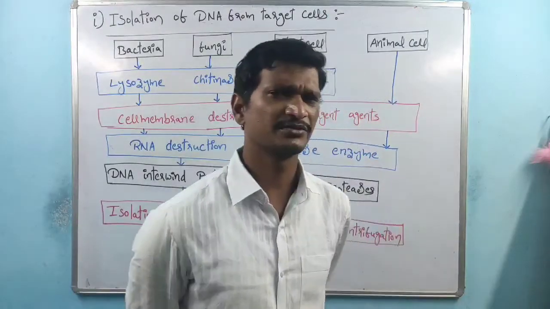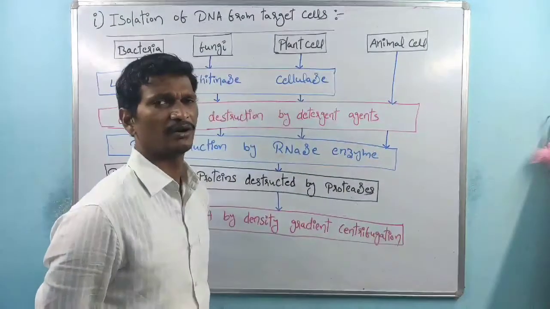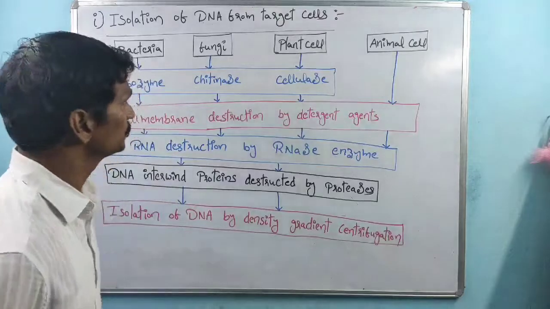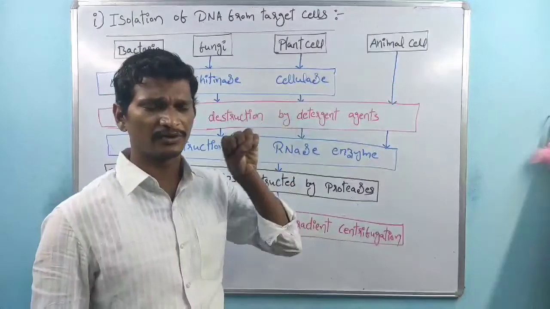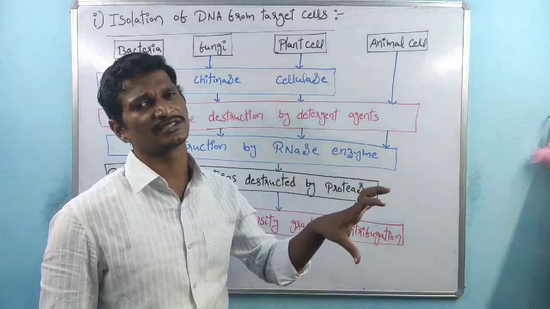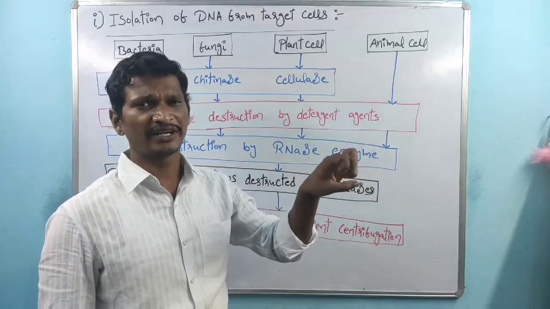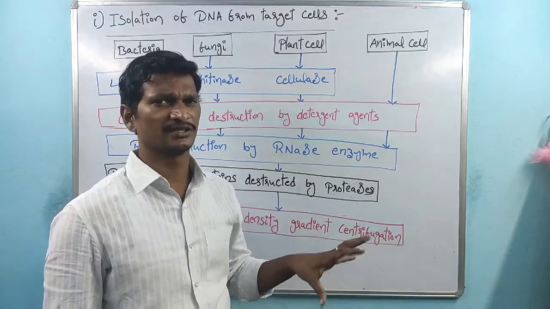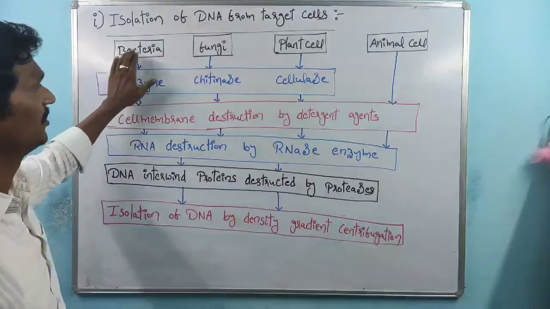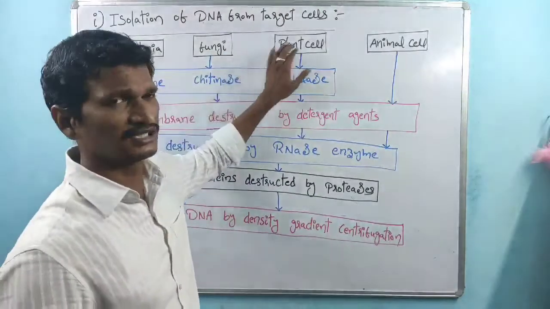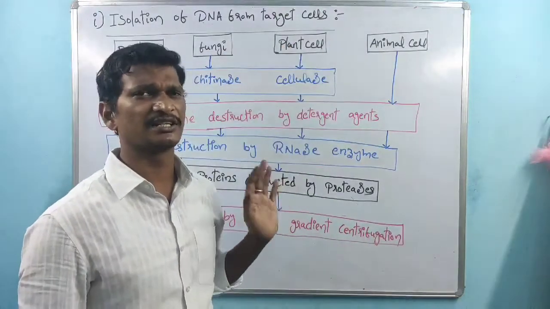So our target is maybe prokaryotic or eukaryotic cells. So we are isolating DNA from the target cells. We are isolating the vectors from target cells. Here DNA is nothing but vectors, right? So bacteria, fungi, plant cells, animal cells, these are the target cells.